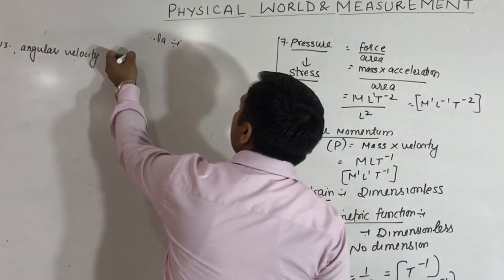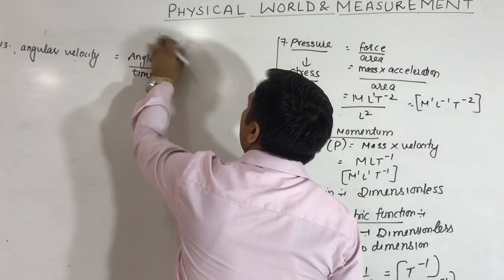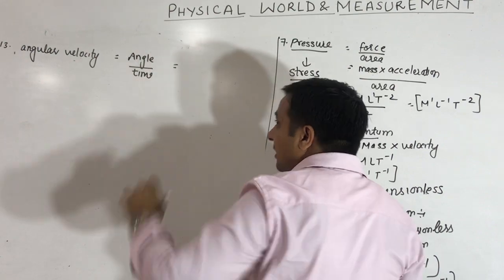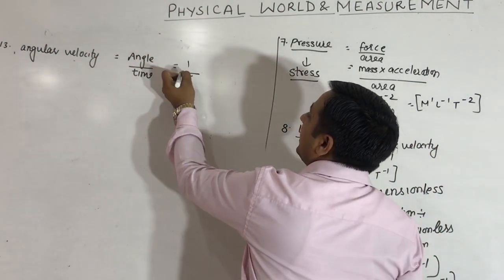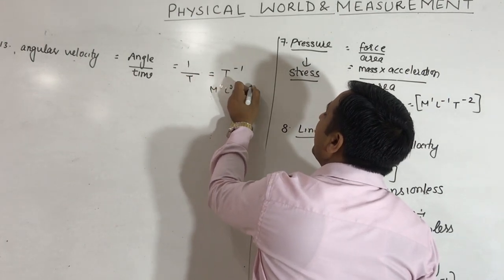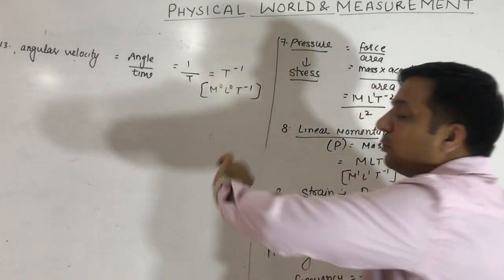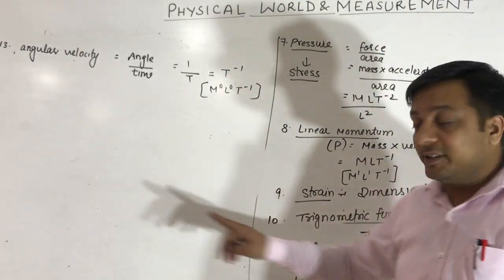And then angular velocity is angle upon time. The dimensional formula of angular velocity: angle is dimensionless, no dimension, divided by t, so you can say t minus 1, m0 l0 t minus 1. So the dimensional formula of angular velocity is just t minus 1, the same as that of frequency.